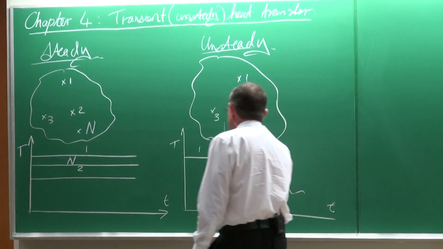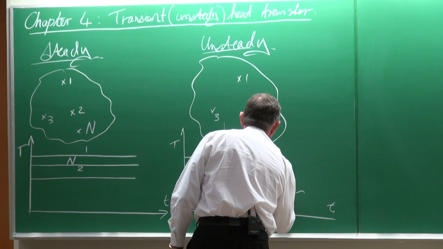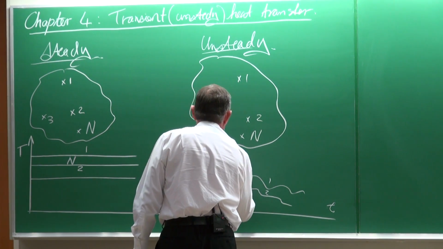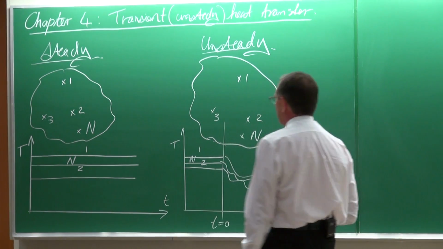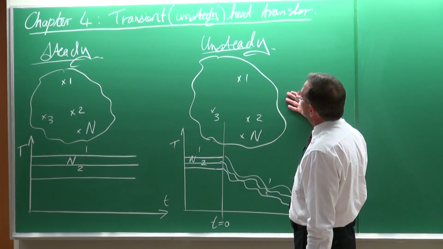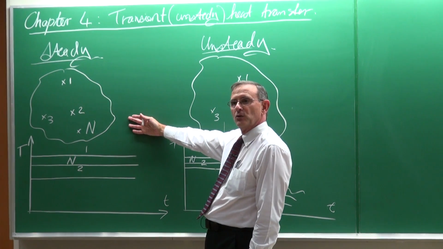And then maybe the same with point 2, like that, and there is the temperature N, and it varies as a function of time, something like that. So this is unsteady heat transfer or transient heat transfer, and that is steady heat transfer.